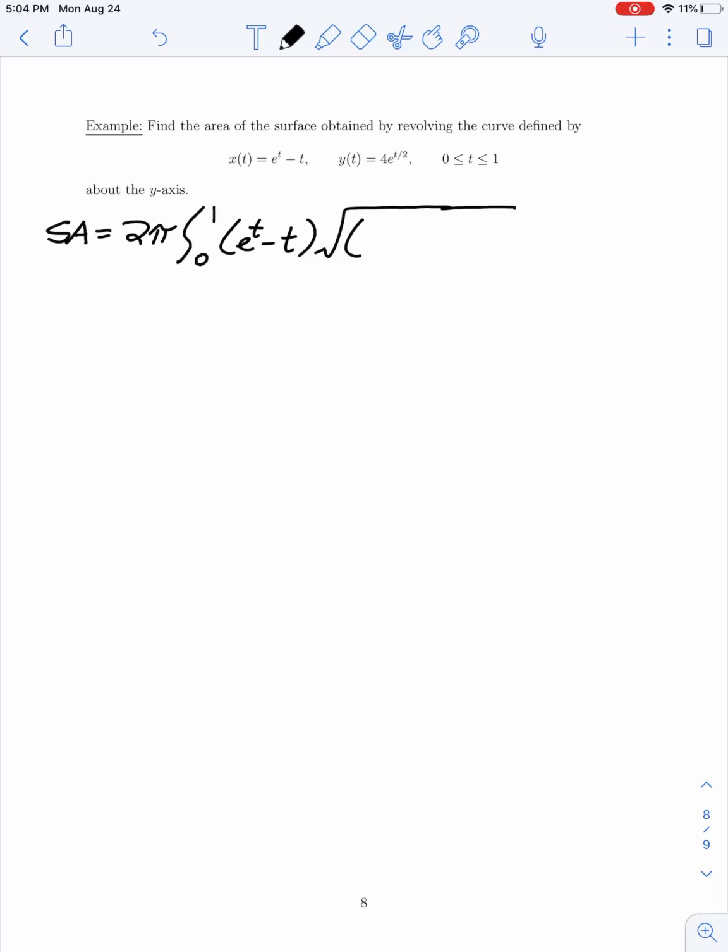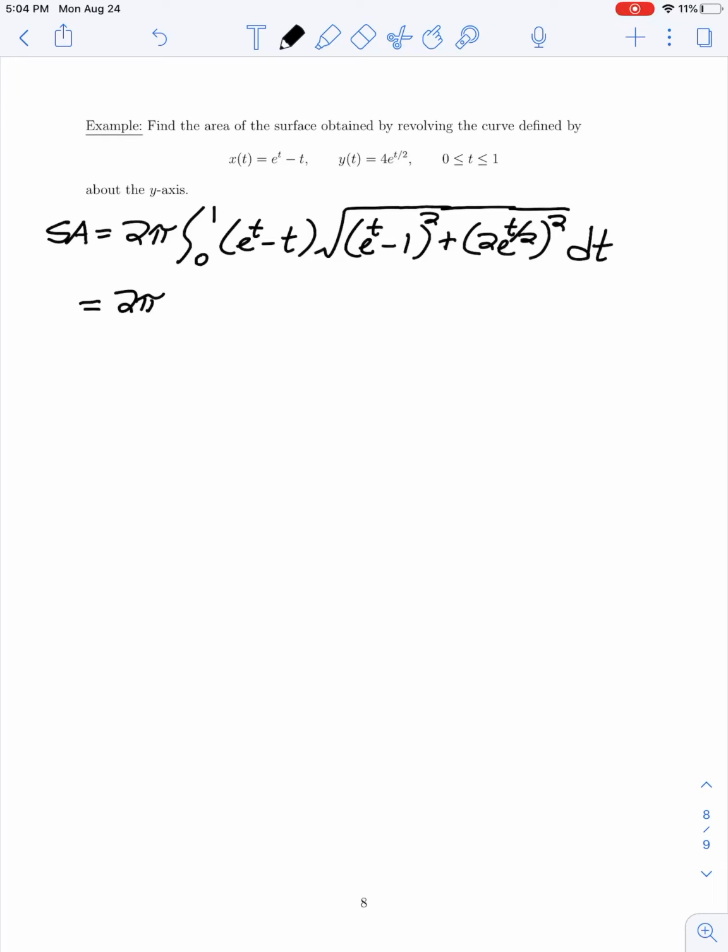We start by looking at x prime, which is e to the t minus 1. We're squaring that quantity, and then we add the derivative of y, which is 2e to the t over 2 power, quantity squared, dt. Let's simplify this.